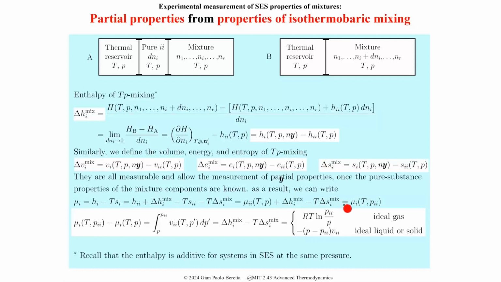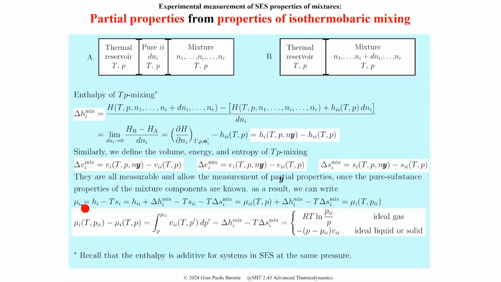And at this stage, we should also remember that the partial pressure of components in a mixture, you recall, is defined by the condition of mutual equilibrium across a membrane permeable only to constituent I. So at that mutual equilibrium across the membrane, you have equality of chemical potentials.